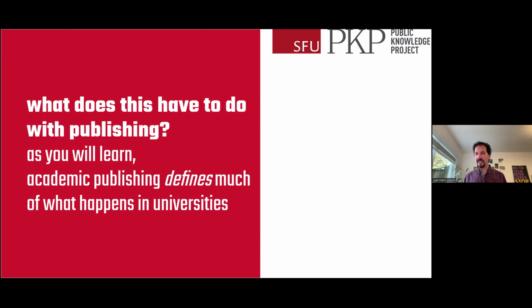I think in that sense it is essential learning for anyone who wants to be involved in any aspect of the scholarly publishing ecosystem, whether you are interested in being an editor or building tools to support this system: to understand where scholarly publishing fits into what happens at universities, how it affects the work, and how it shapes a lot of the structures of universities that are even shaped around scholarly publishing activities. Those are things we'll talk a lot about in the class, and it's about really having that larger contextual understanding.